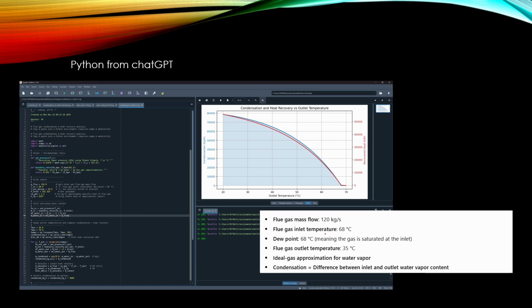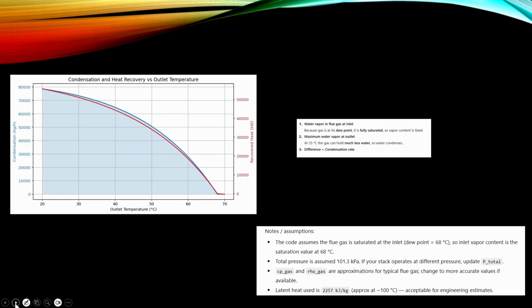Flue gas inlet temperature was 68 degrees C, and from this picture we see the amount of condensing water. It's in kilograms per hour, and on the x-axis we have outlet temperature. The code also calculates the recovered heat. It's based on this latent heat.